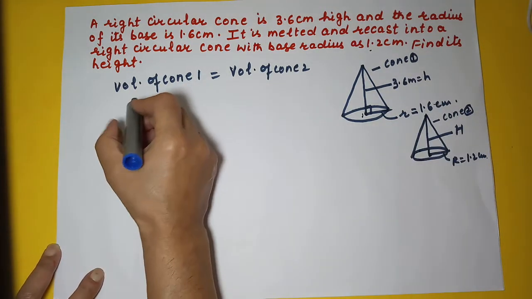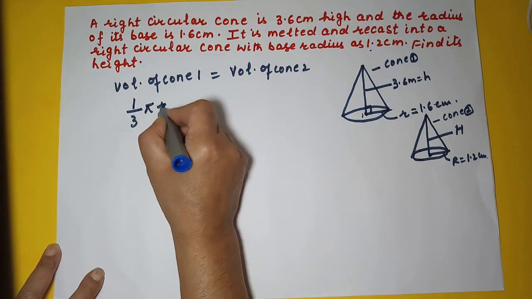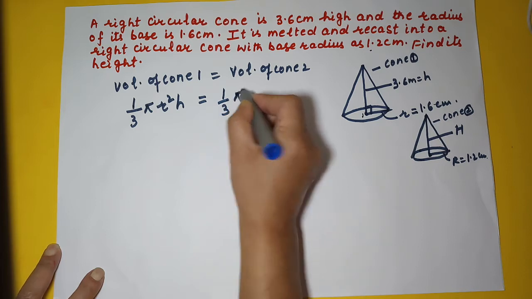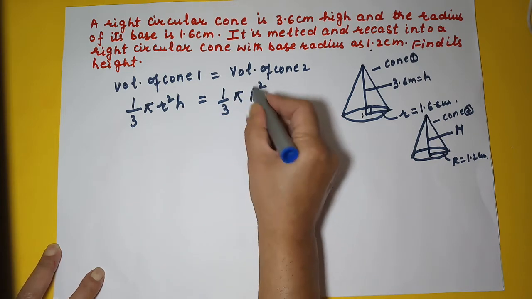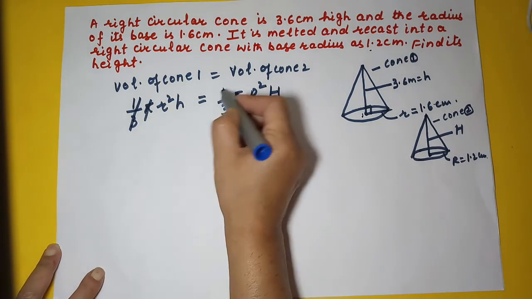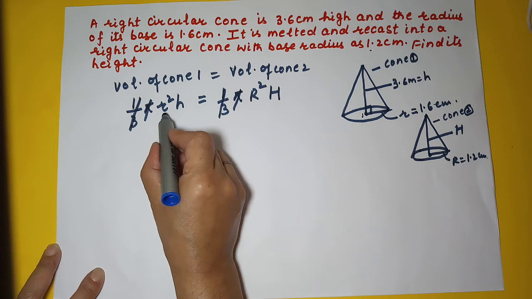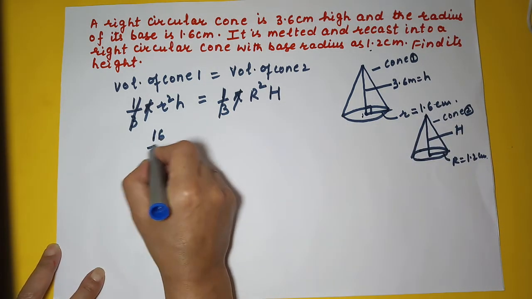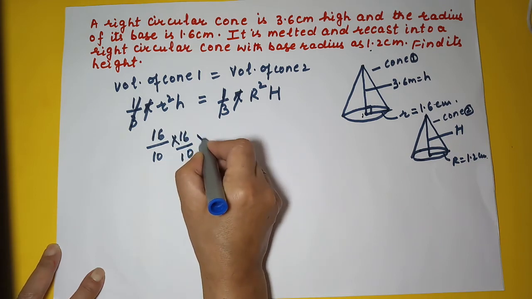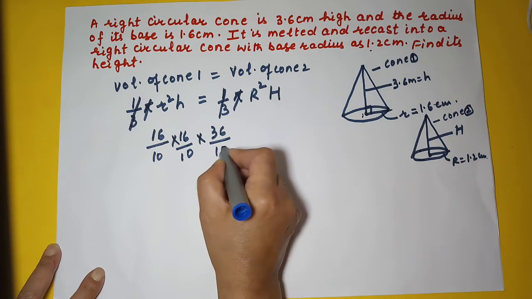So for cone 1, how do we find the volume? 1 by 3 pi r square h. Here, 1 by 3 pi, with capital R and capital H for the new cone. So 1 by 3 pi and 1 by 3 pi will cancel. What is r square here? We have 16 upon 10 into 16 upon 10, and h is 36 upon 10.